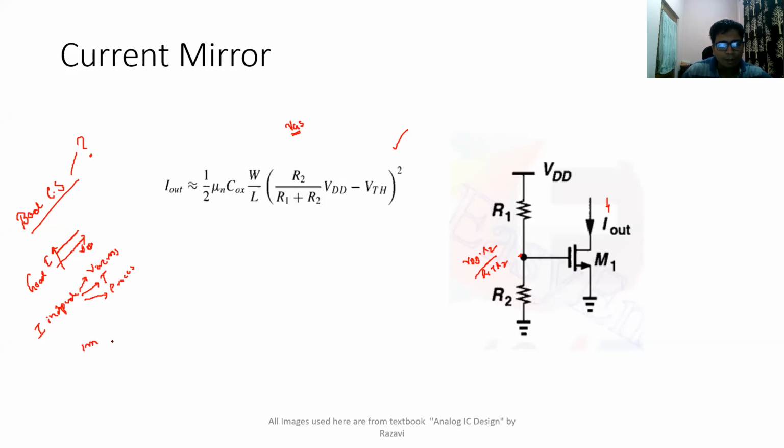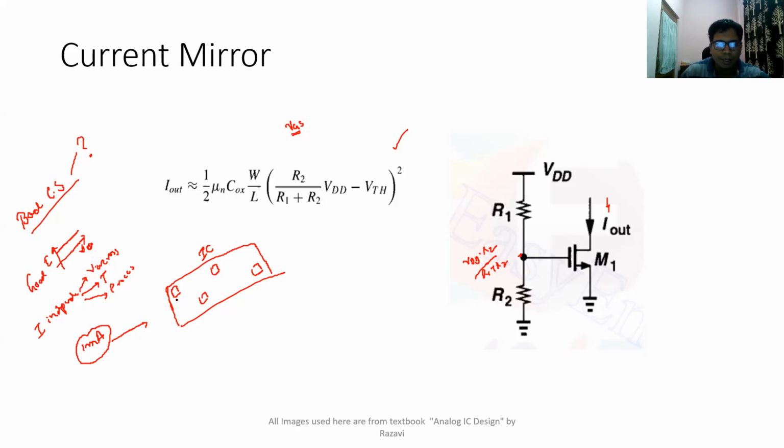No matter where you implement this current source in an IC, if I have designed the current source for 1 milliampere, whether it is placed here in the IC or here, or anywhere in the IC, it should give me 1 milliampere. So this is what is called process independent, it should be independent of the process. Generally, in a wafer, there are going to be a lot of variations.